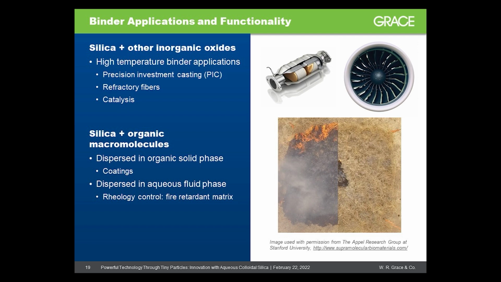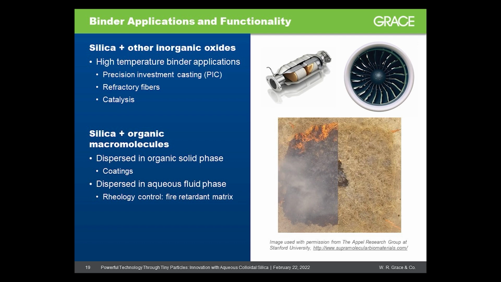We will also highlight the impact that colloidal silica can have when incorporated into systems that contain organic macromolecules. In one case, we will explore the impact that the nanoparticles have on a polymer system in the solid phase, as this chemistry is very relevant for modern coatings applications.